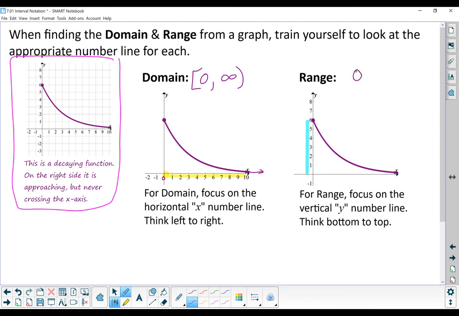So the lowest value is 0 and the highest value is 6. Because it never touches or crosses the x-axis, that's going to be an open parenthesis there, not a bracket. On the 6 side, on the top, though, that is a bracket. We do include that 6.